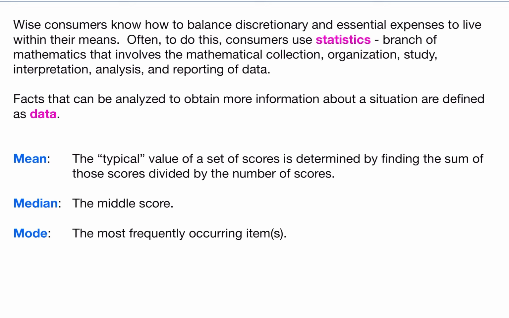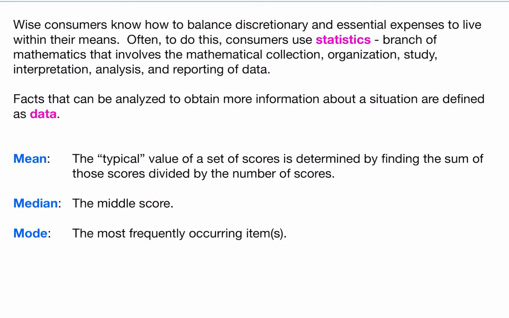And then here are 3 statistical terms that we are going to use in this lesson. Number 1 is the mean. We also know the term average, and average and mean are synonymous, meaning they are the same. So the definition for mean is the typical value of a set of scores determined by finding the sum of the scores divided by the number of scores, okay? And then the second term is the median.